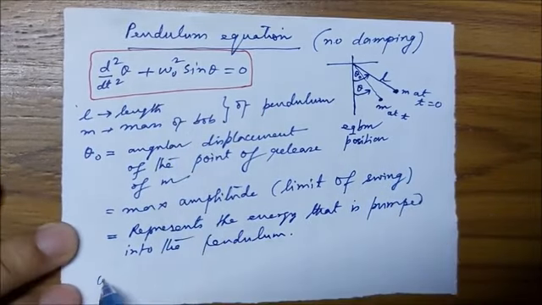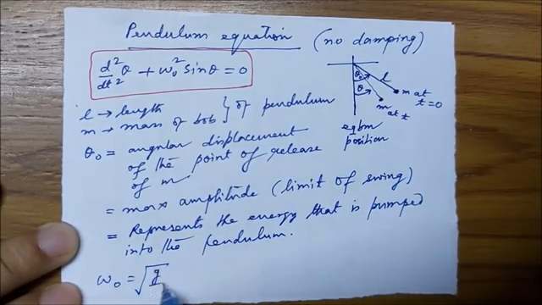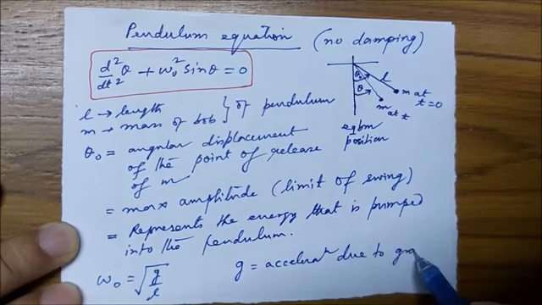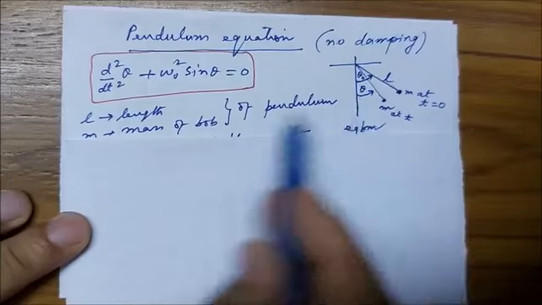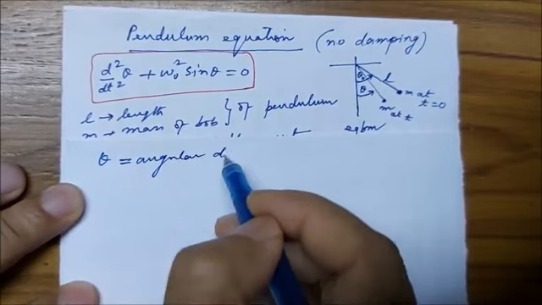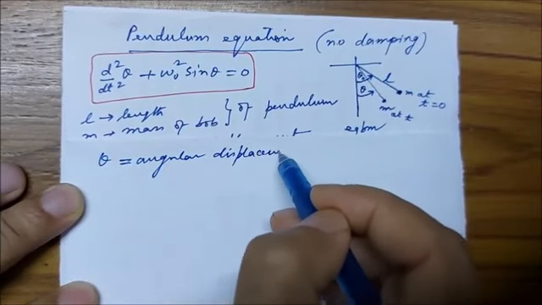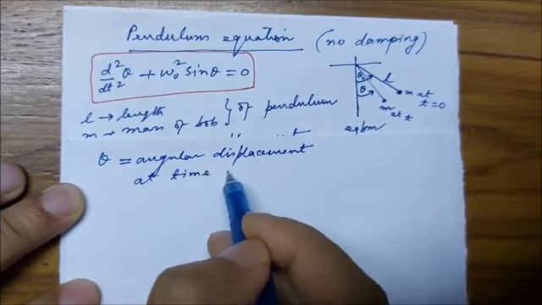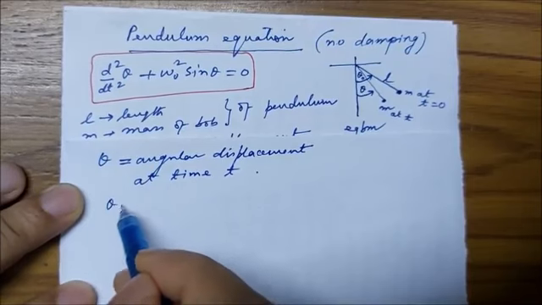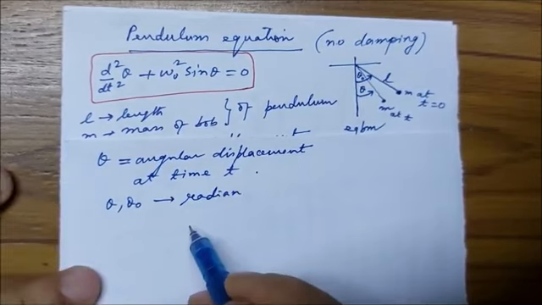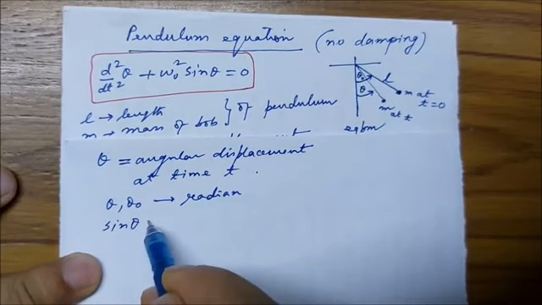Here omega 0 is under root g by L, where g is acceleration due to gravity, and we have theta. Theta is angular displacement at some intermediate time, say t. Theta and theta 0 are in radian. This is very important.